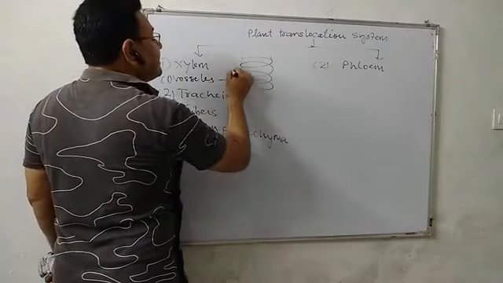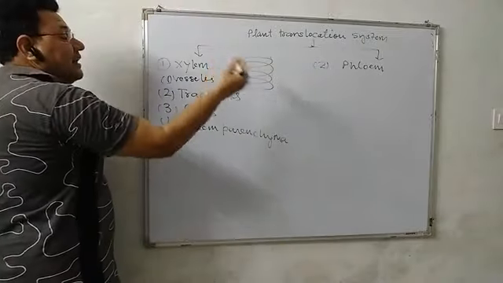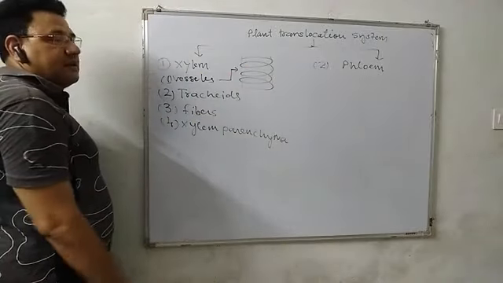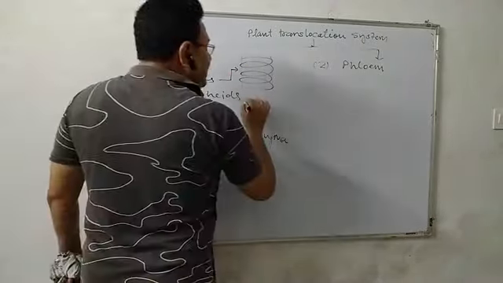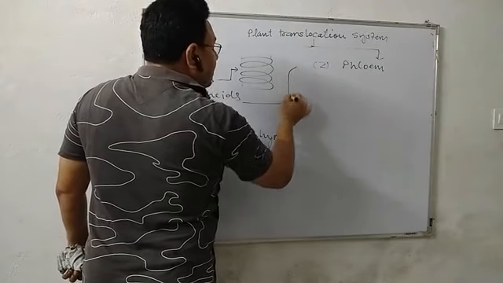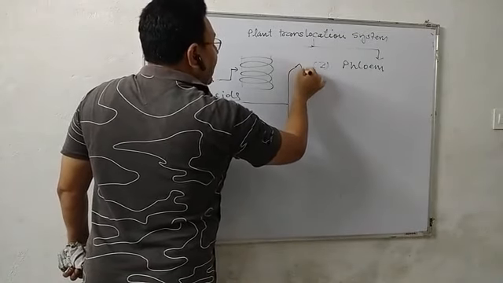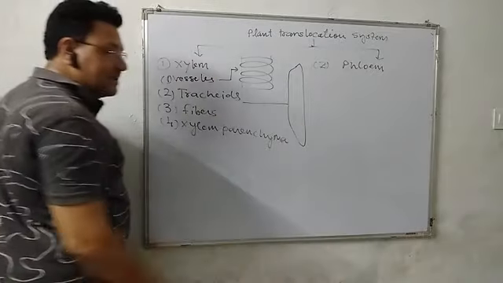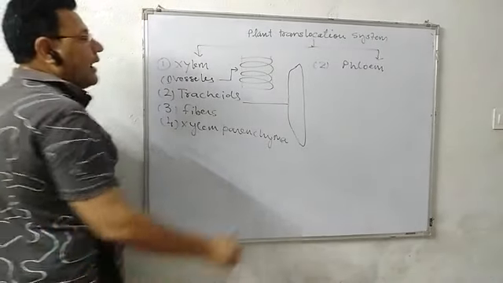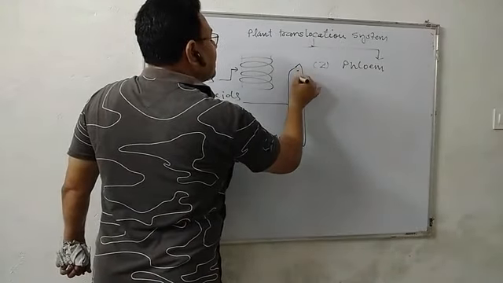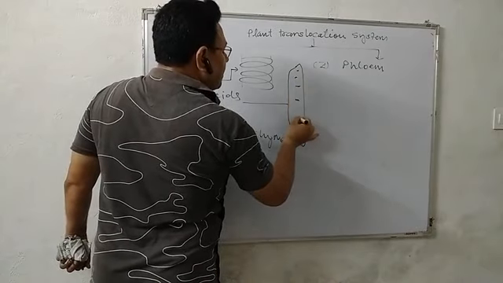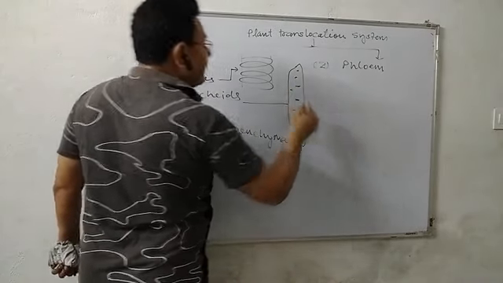They can be recognized by these spiral thickenings. While tracheids are unique because they have pointed ends and so many pores or splits.